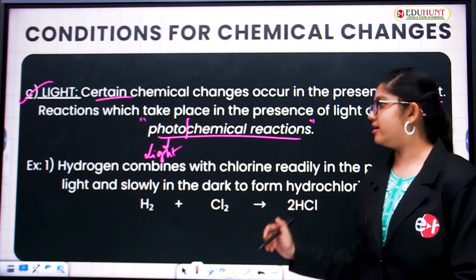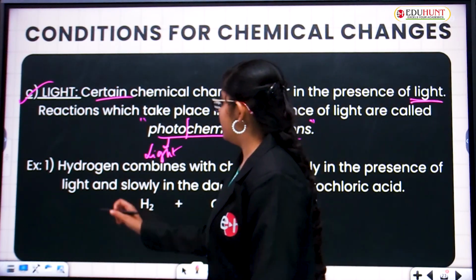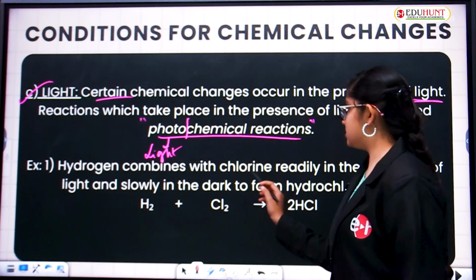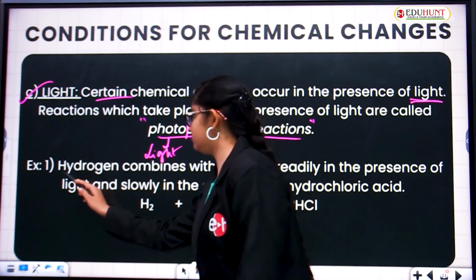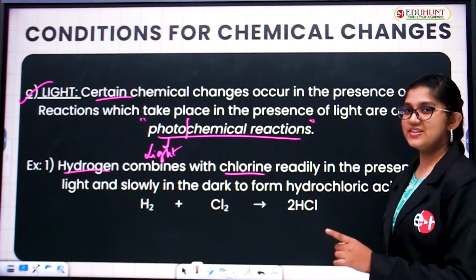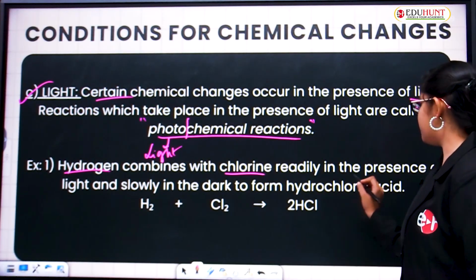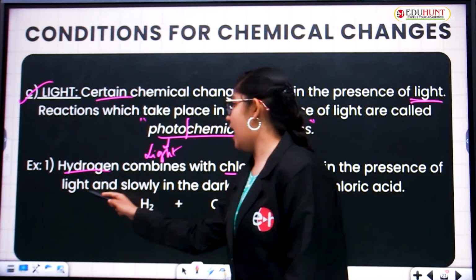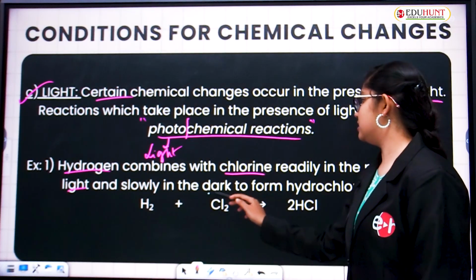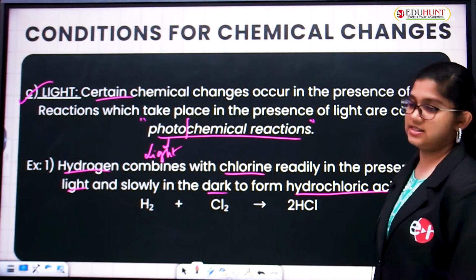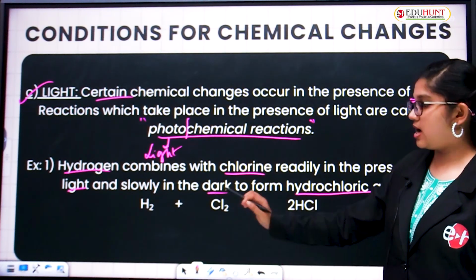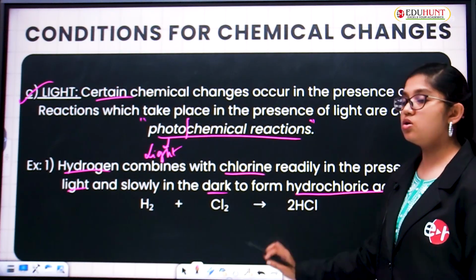And the example is hydrogen combines with chlorine. Hydrogen combines with chlorine readily in the presence of light and slowly in the dark to form hydrochloric acid. So there is hydrogen and also chlorine.